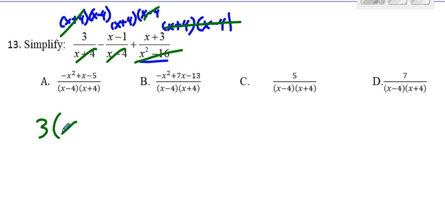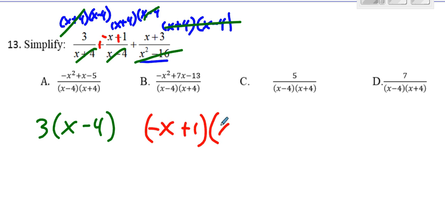So we've got 3 times x minus 4. You need to make sure you take this minus sign and change both signs that follow it. So we've got negative x plus 1 times the x plus 4 that did not cancel.